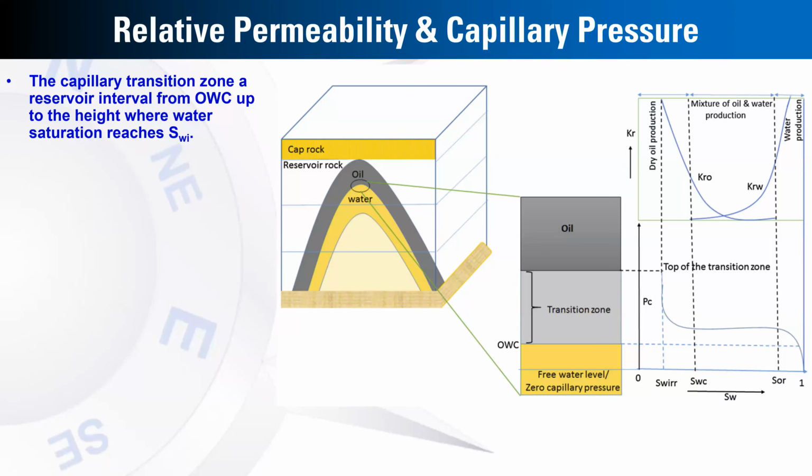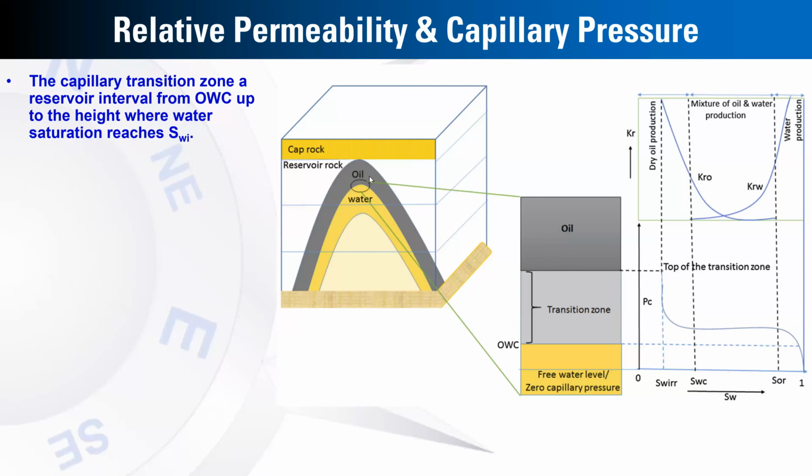Now we have a very important part of the special core measurements, which is the capillary pressure and the integration between relative permeability and capillary pressure. Simply, once we have multi-phase flow in the reservoir conditions, we have to define the relative permeability and capillary pressure.